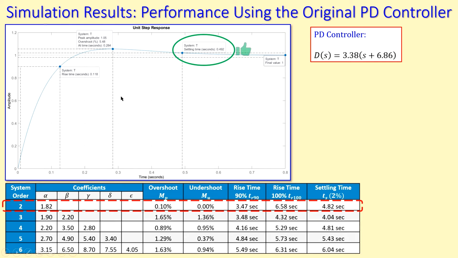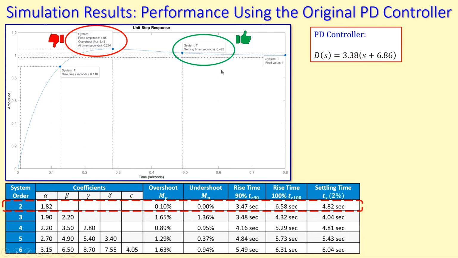That's good. But if I now look at my overshoot, which is approximately 5.5%, that is not what we have expected from the table. If I look at the table for a second order system, the maximum value is 0.10%, but I have here almost 5.5%.